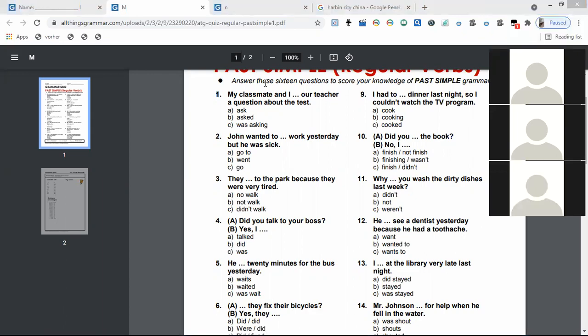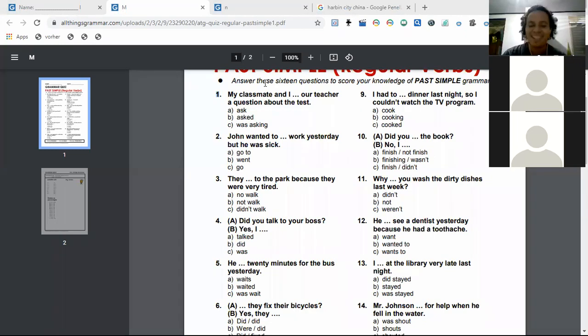Regular and irregular, right? Yes, very good, Eva. Regular and irregular. Ella, can you give me one example of regular verbs? And then Anya, give me one example of irregular verbs.